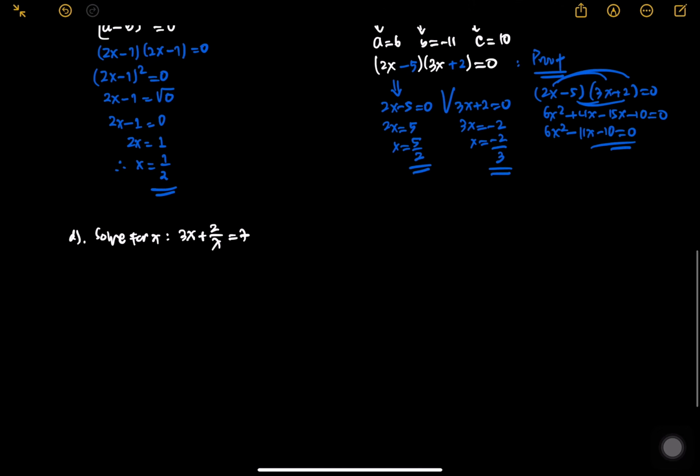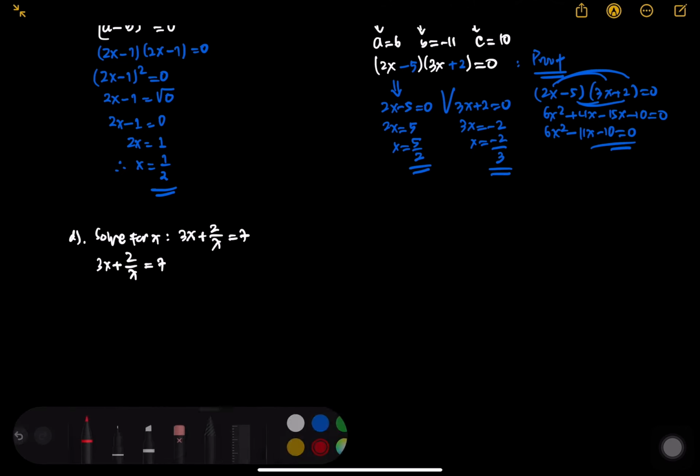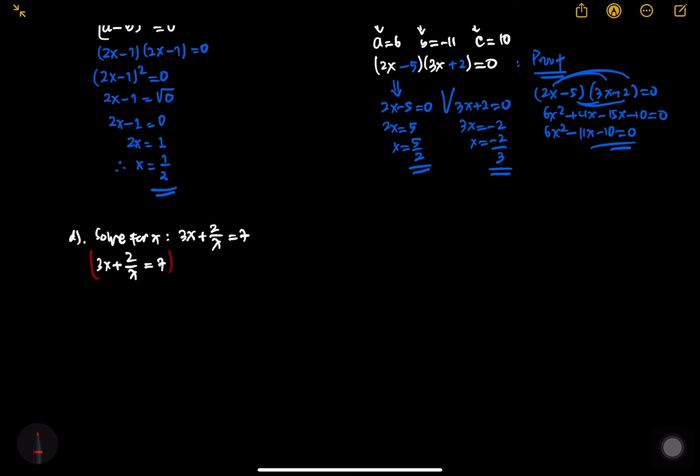So the solution: 3x plus 2 over x equals 7. You multiply both sides. So you multiply them, you times this with x.